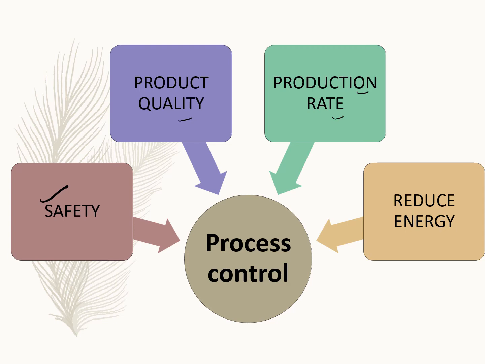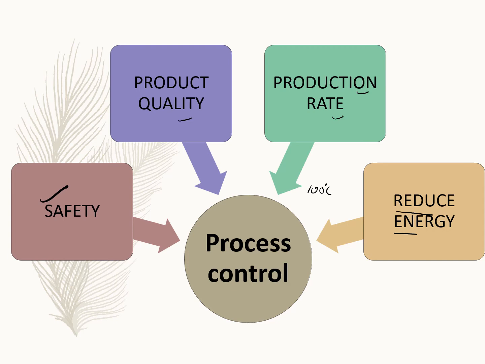Lastly, the process control factor is reducing energy. We want to use this process control because we want to reduce energy. Why can energy be reduced by using process control? For example, we want to heat up water, right? To boil the water, we only need 100 degrees Celsius.